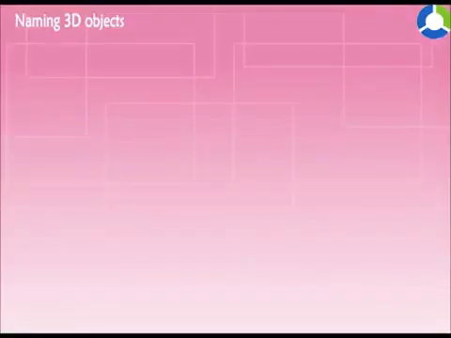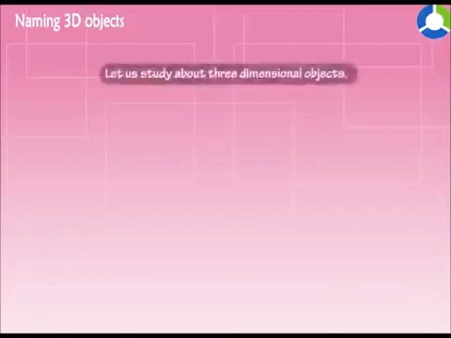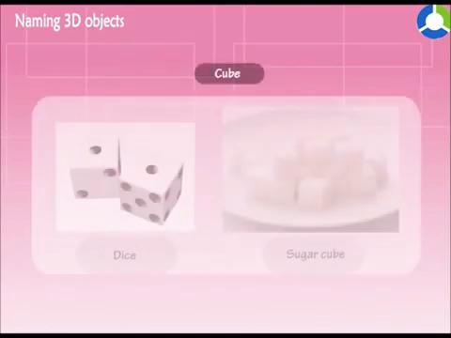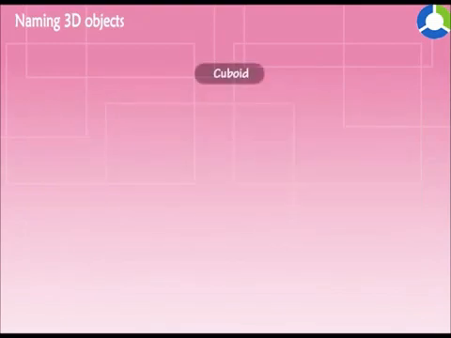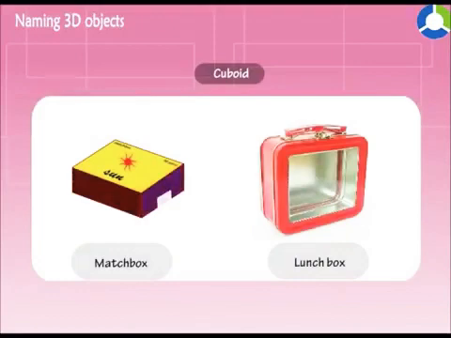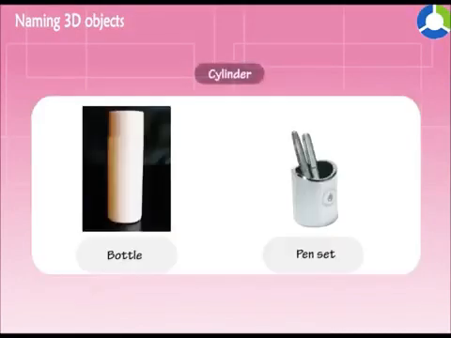Naming three-dimensional objects. Let us study about three-dimensional objects. Cube. Examples of cube are dice, sugar cube, etc. Cuboid. Examples of cuboid are matchbox, lunchbox, etc. Cylinder.